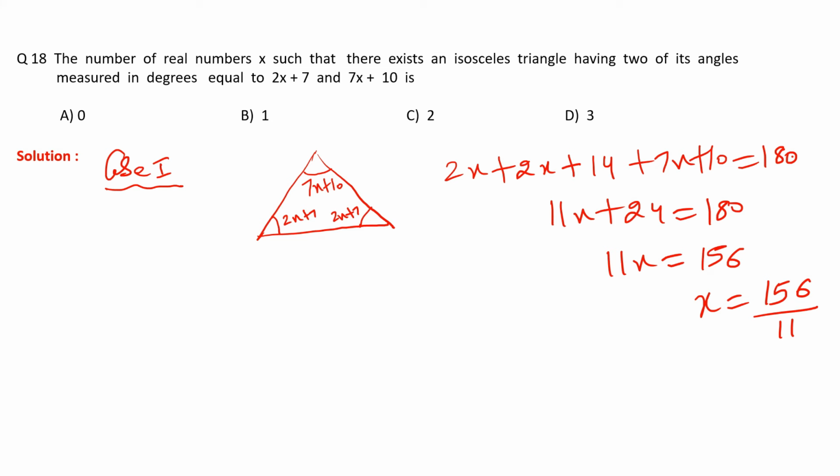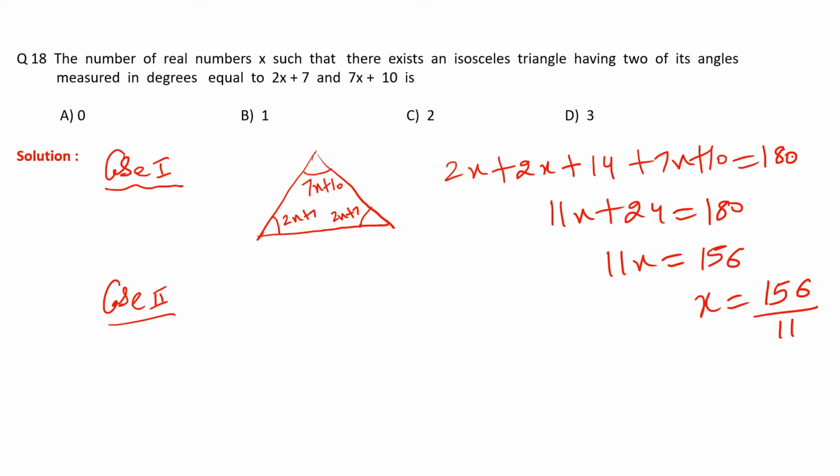It is 14 point something. So by putting this value of x, we can create an isosceles triangle, two of whose angles will be equal to 2x plus 7 and the third angle will be 7x plus 10. I am not interested in finding the angles over here because we are just interested in finding the possible values of x, such that we get different isosceles triangles.